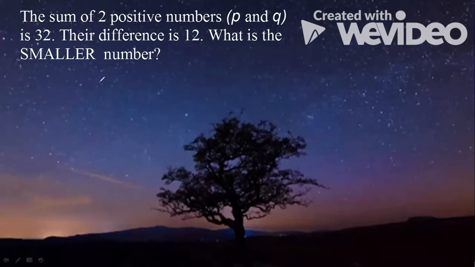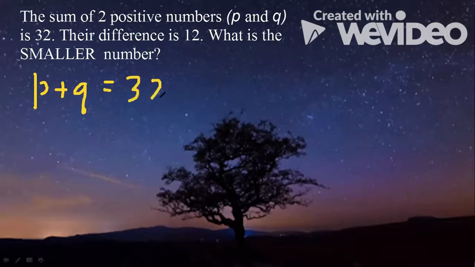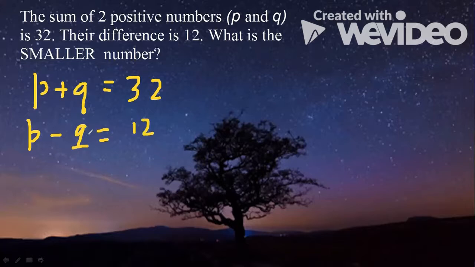So P plus Q equals 32. That's the sum. Their difference is 12. What is the smaller number?